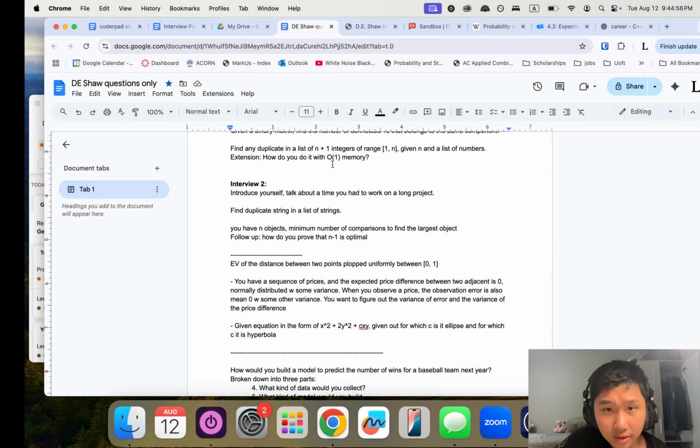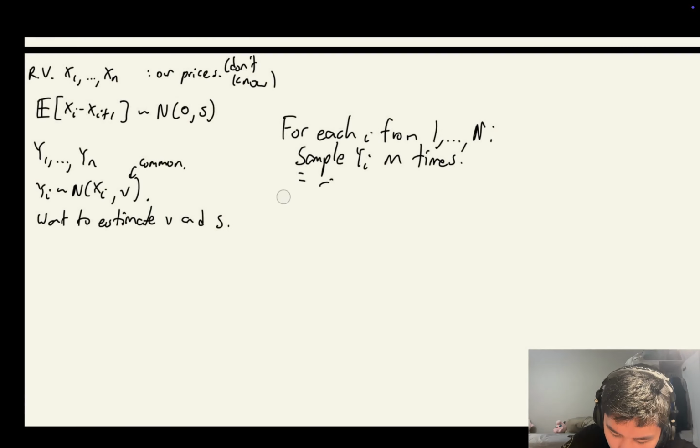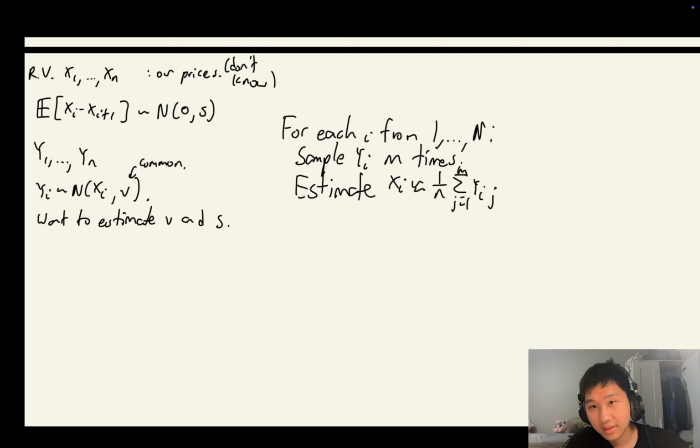This is actually not connecting. Come on. Okay. We can estimate xi to be roughly the mean.